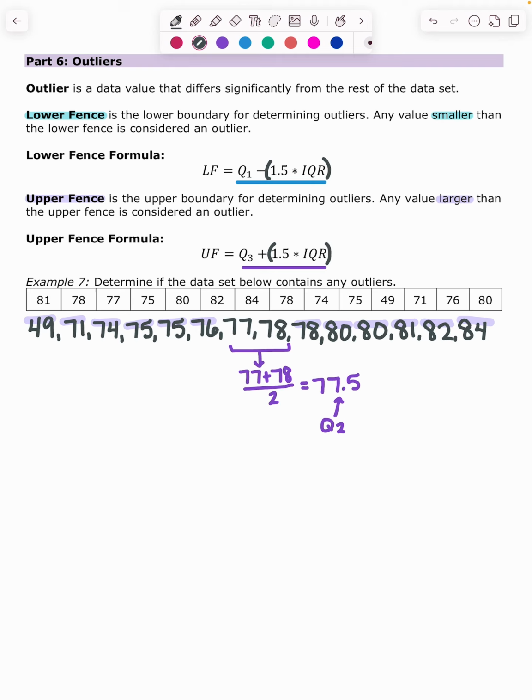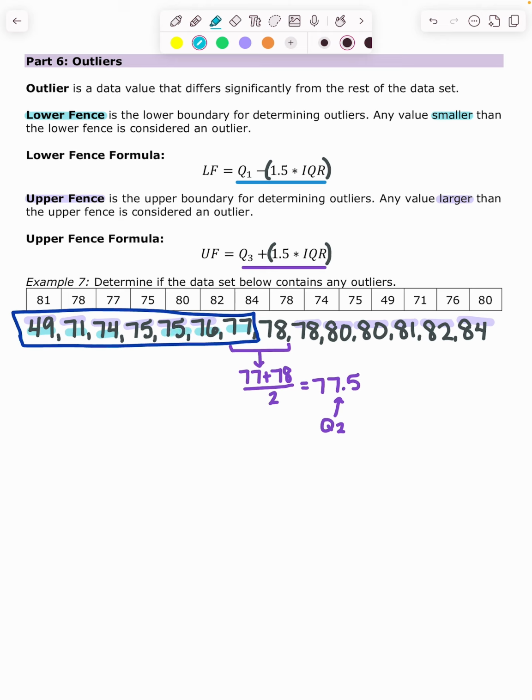The bottom half of my data is going to be all of these numbers. I'm going to repeat this process with the bottom half: cross one out at the bottom and the top, bottom and the top.